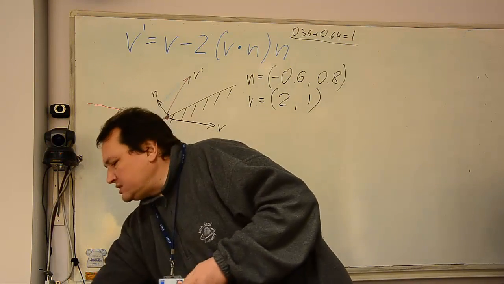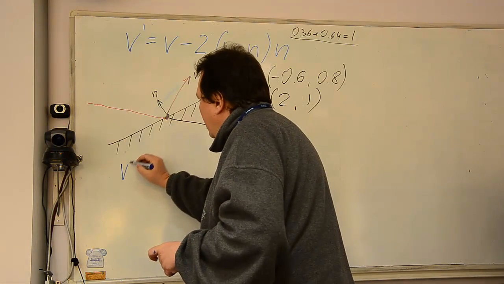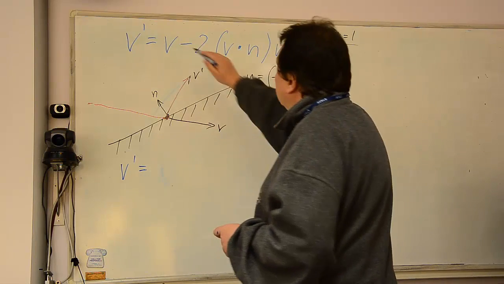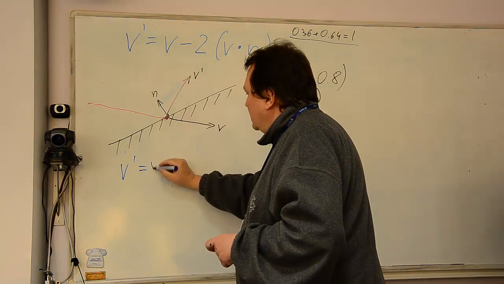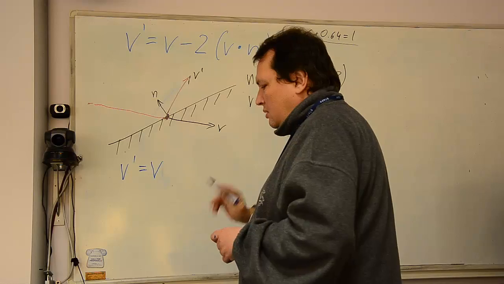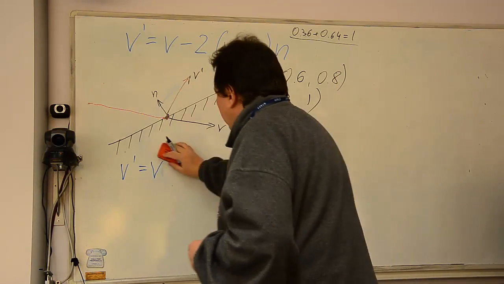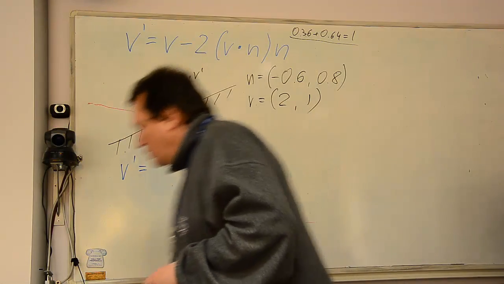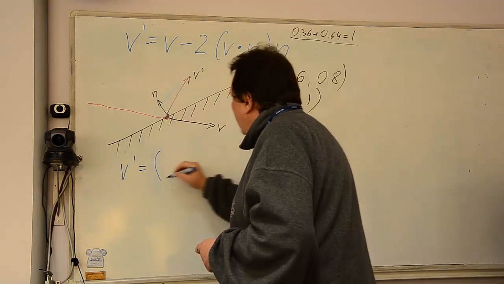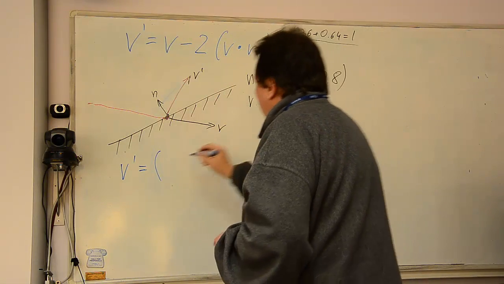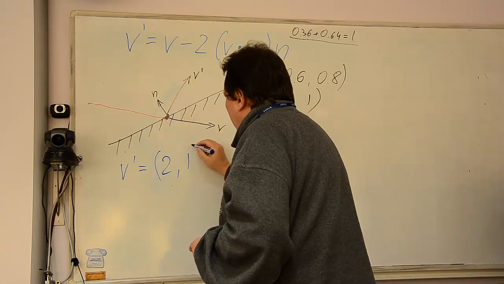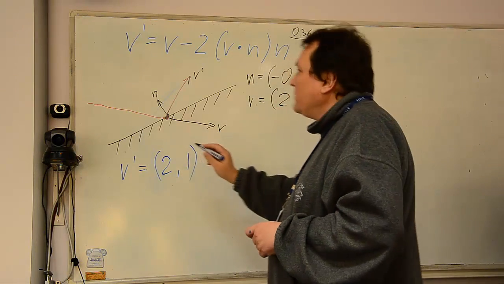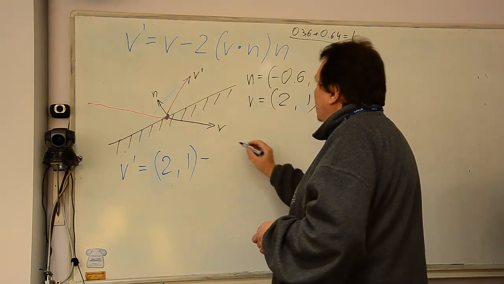This final velocity v prime is equal, according to the formula, to v, and we know the value of v. Value of v is (2, 1), minus 2.